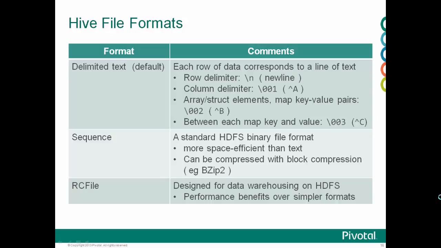Sequence files are also supported, typical standard HDFS binary format. Because of compression, they are more space efficient than text. And a new file format type, which is called RC file, is designed specifically for large volumes of data stored in HDFS and does provide some performance benefits over simpler formats.